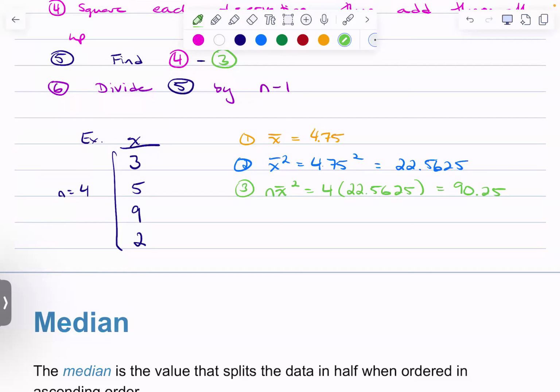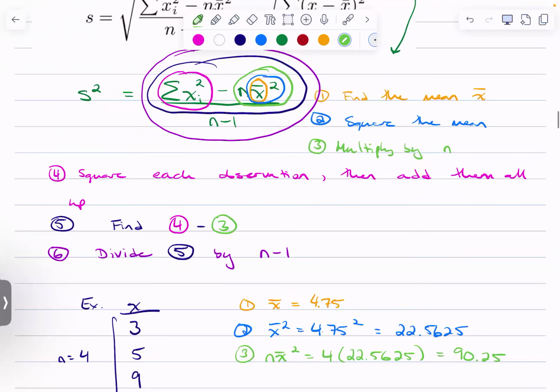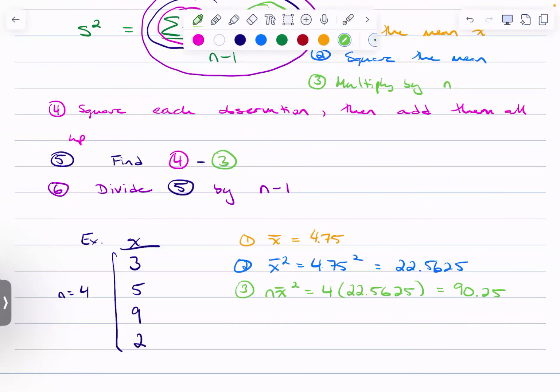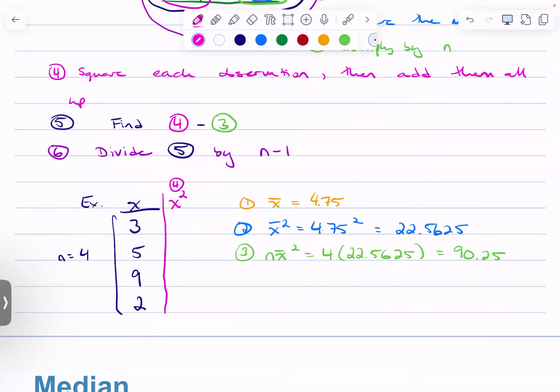So now I can parking lot that for a little bit and focus on squaring each observation and then adding them all up. What I like to do for my step 4 is actually create a column next to here with my x squared.